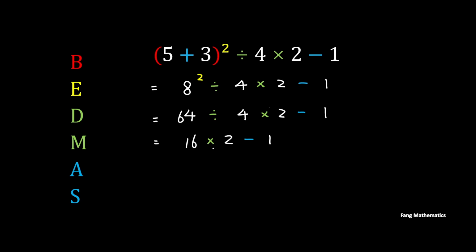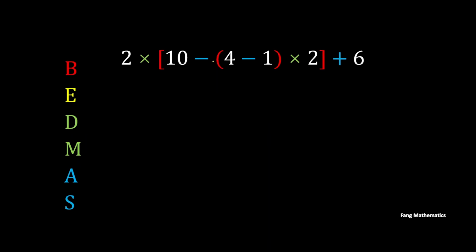And now you have the multiplication and the subtraction. Multiplication has a higher priority, so we perform the multiplication first. So 16 times 2 gives you 32, and copy the minus 1 back. Last, we perform the last priority, that is subtraction. So 32 minus 1 will ultimately give you 31 as your final answer.